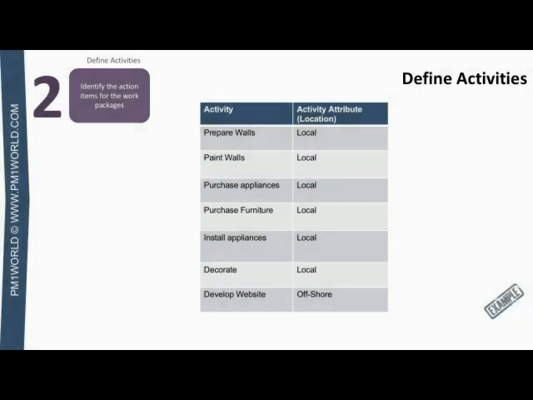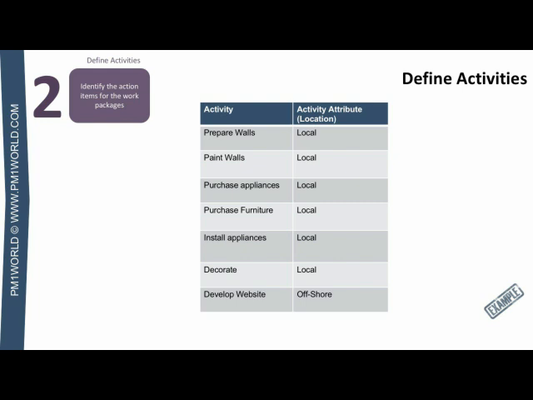Define activities is the process of identifying and documenting those actions that need to be performed by team members in order to produce the key deliverables of the project. The work packages are decomposed into activities, and these activities become the basis for more detailed estimates, scheduling, and also controlling the project at a more detailed level.